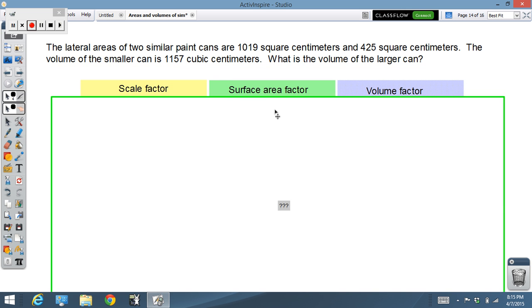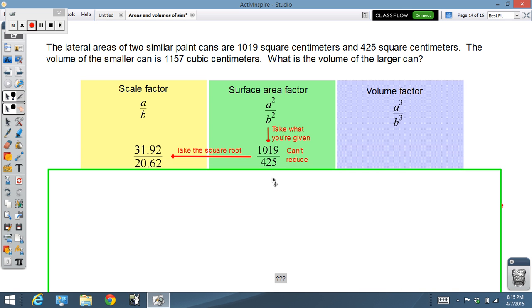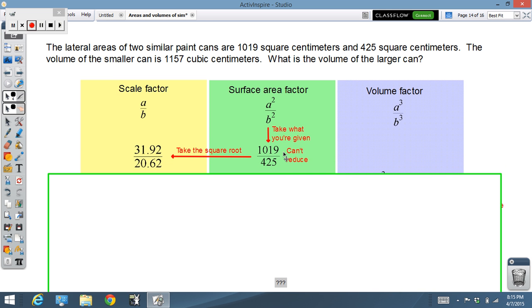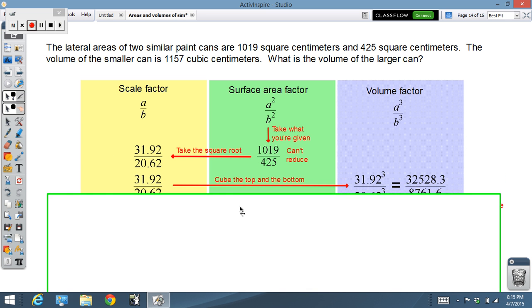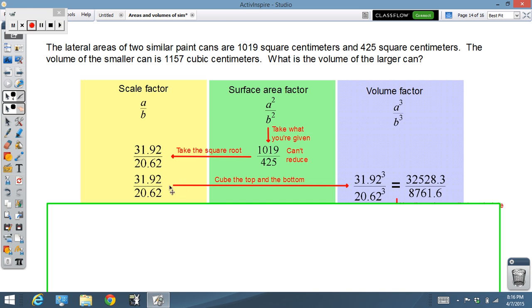So again, I'm going to start with my 3 columns, start with what I'm given. Now, I can't reduce those, so when I take the square root, I'm just going to use the decimal numbers here. Okay? Those are the numbers that I'll cube to find my volume factor.